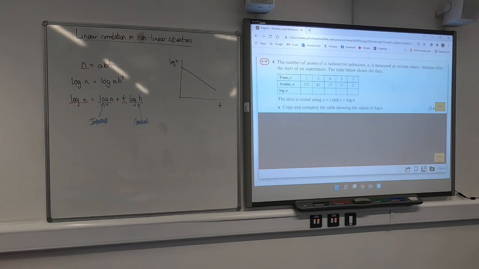So rather than copying and completing the table, let's let our calculator do the work. And if you want to delete on the first page, pressing F6 takes you to delete, and then you can delete everything. That saves you having to do it a column at a time.